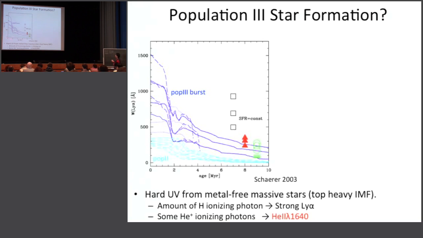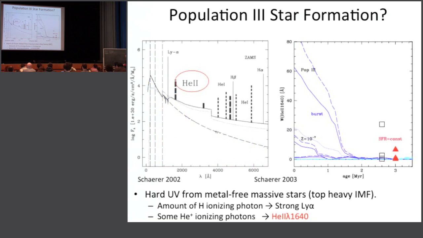For example, for a Population 3 burst with age below 2 million years, that gives hundreds to 1,000 angstrom of Lyman-alpha equivalent width. And another important feature of Population 3 is helium-2, as you know.